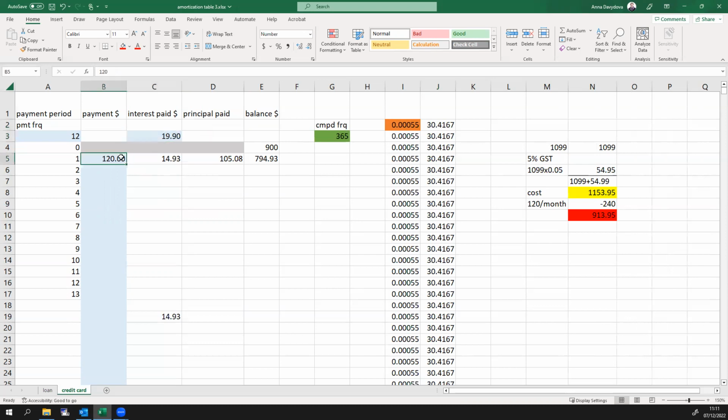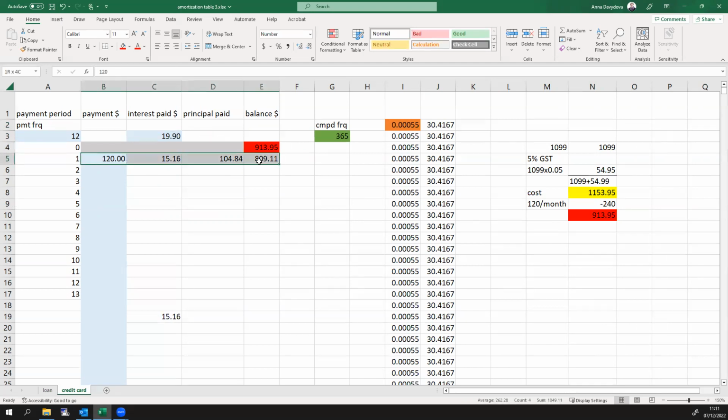And here we fill in the monthly payment, 120, and the balance that we need to put on the card, 913.95.